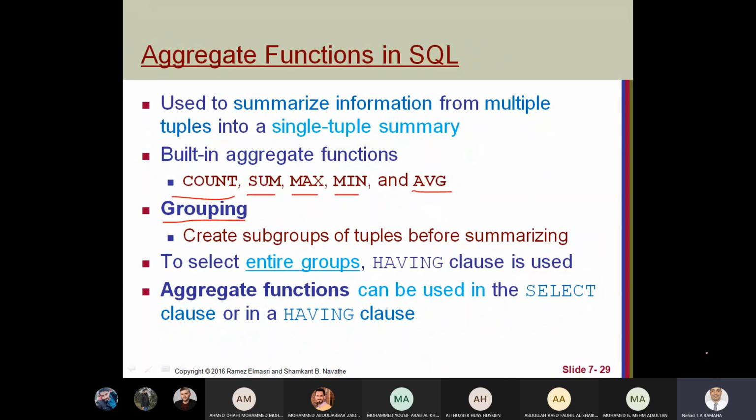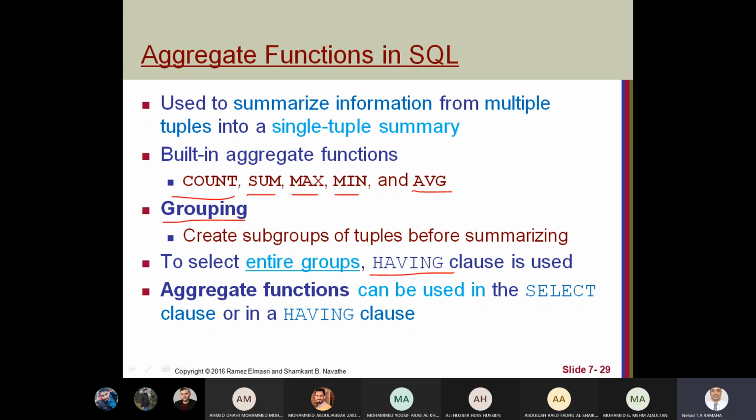Also, we can use the having clause. It's like using the where clause, but this is applied to the result of the aggregate function. So with the having clause, I can set conditions because I don't need every result from the aggregate function.